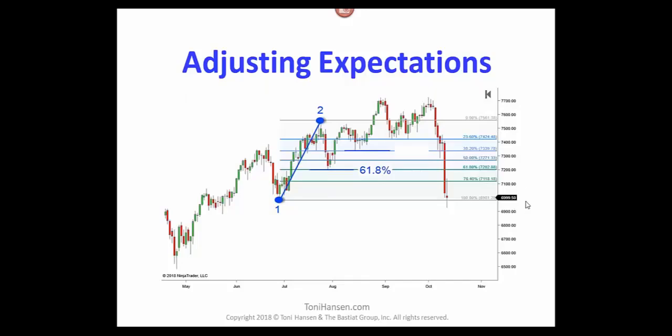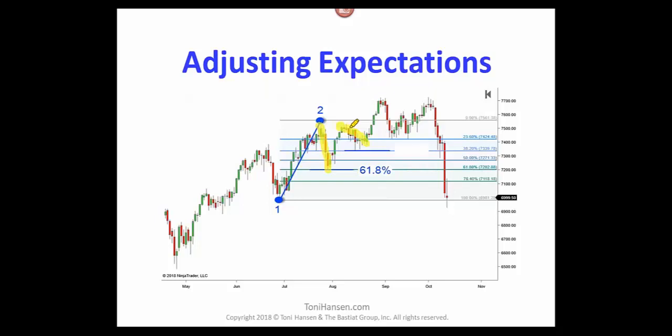I'm still thinking in terms of waves of two though. So if you wanted to look at this as the two-wave correction, just like we were looking at the patterns before, in the ones that worked out where they went further to the 100% target level, they were able to hold that 50% level. Now this holds the 38.2 on the second correction, but what it does is it actually creates more of a micro trend type of move.